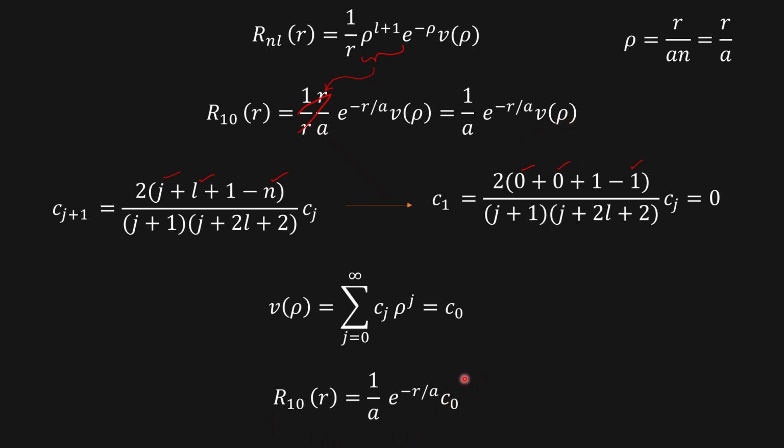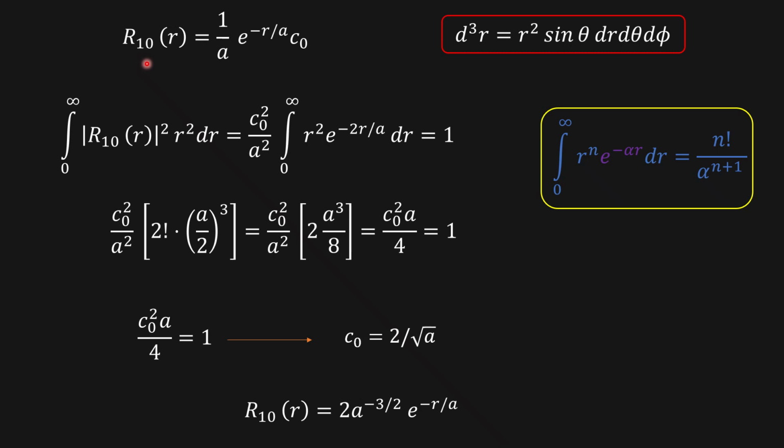This is our wave function. Now we have to normalize this. Now we have to find the normalization constant.